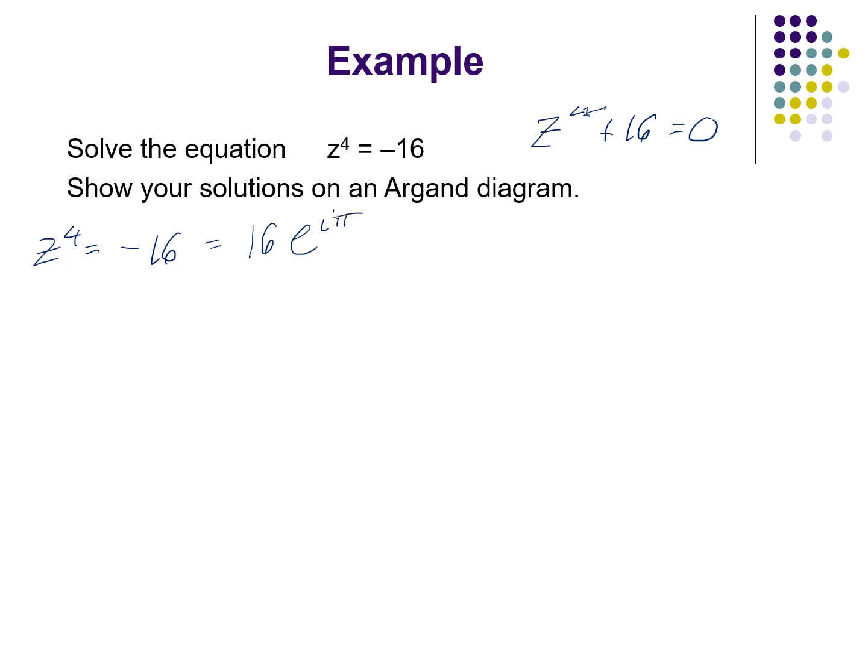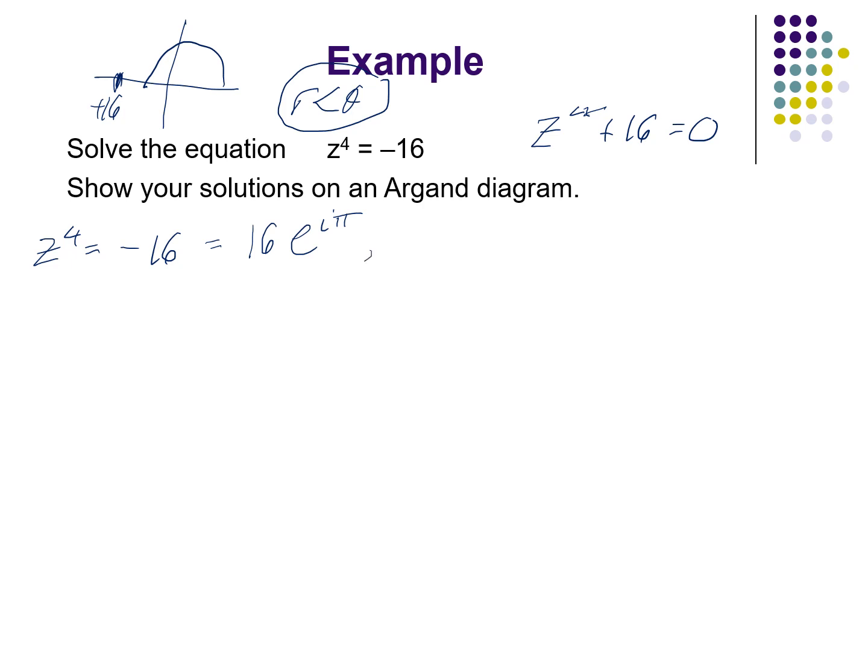So if you think about where minus 16 ends up on the Argand diagram, it's here. So its modulus is 16, but its argument is pi. If you're not sure, you can type that in complex number mode, and then you can press the r theta option, and it will tell you that its modulus is 16 and its argument is pi.